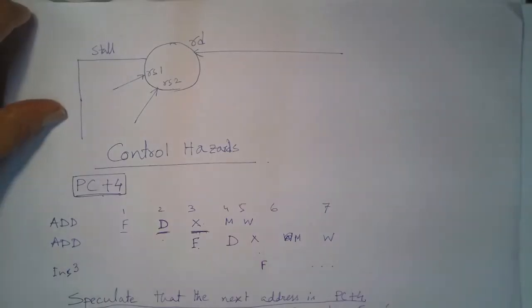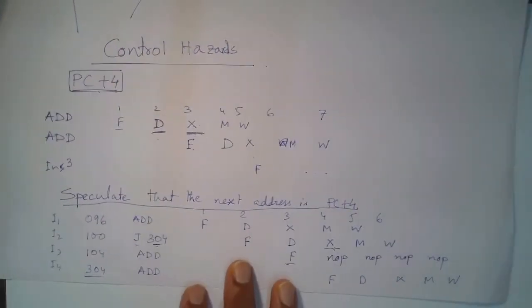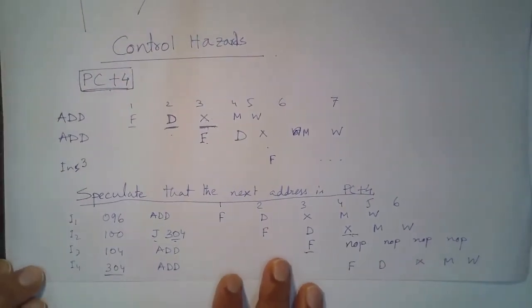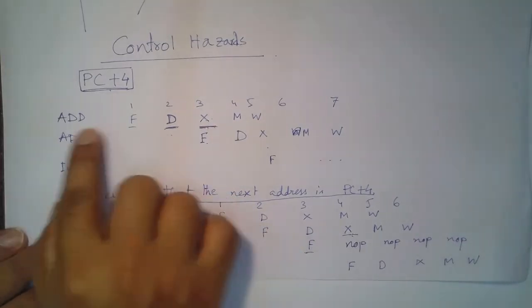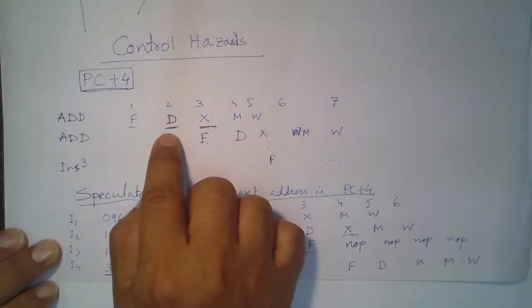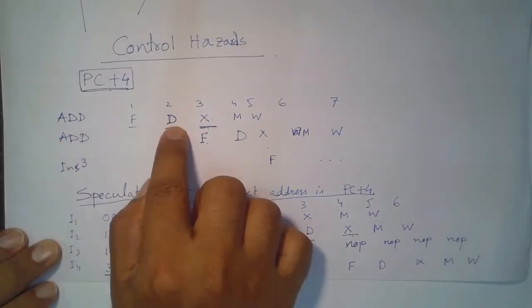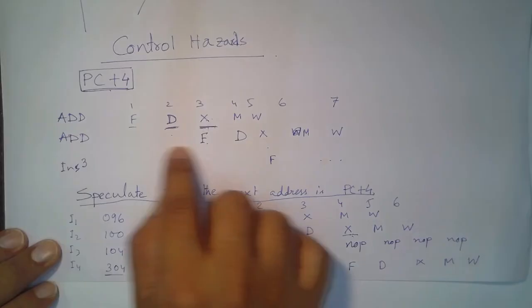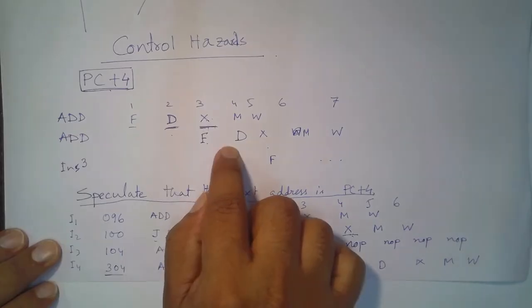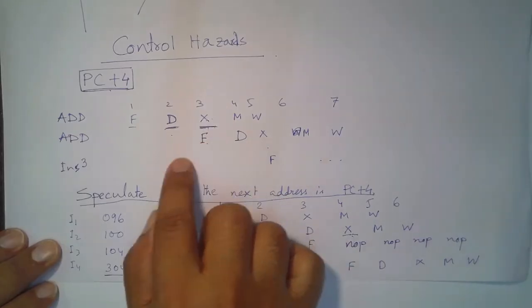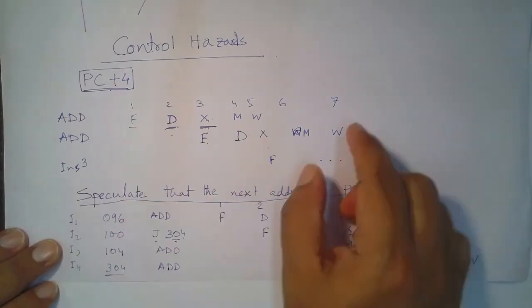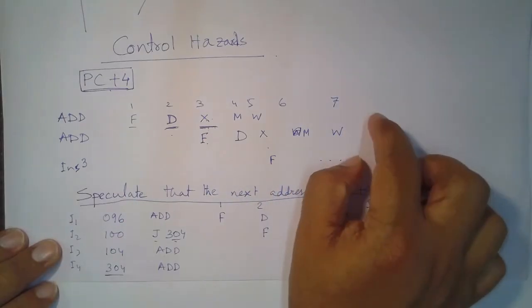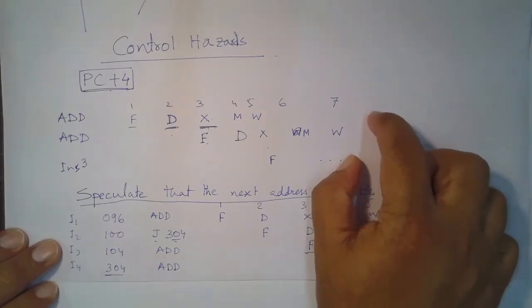Just to show pictorially what I meant when we said we will not do any kind of speculation: we have to wait till at least the decode stage to figure out that this is not a branch instruction, and then the next instruction can be brought in from PC plus 4, and so on. If you keep on doing it like this, your CPI will become at least 2.